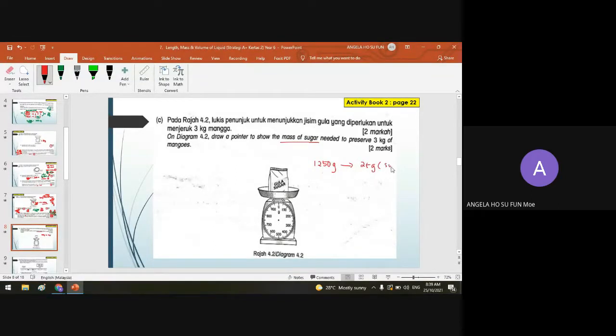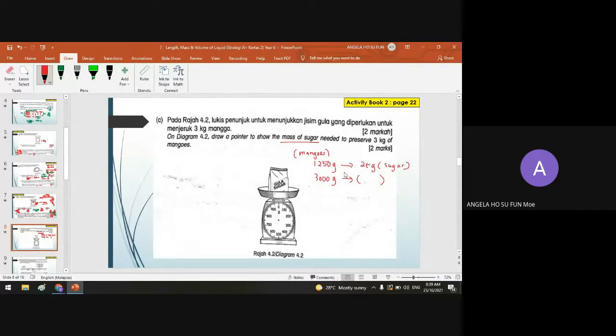This is sugar, and here is your mangoes. Now, if you have 3,000 gram of mangoes, how much sugar do you need?